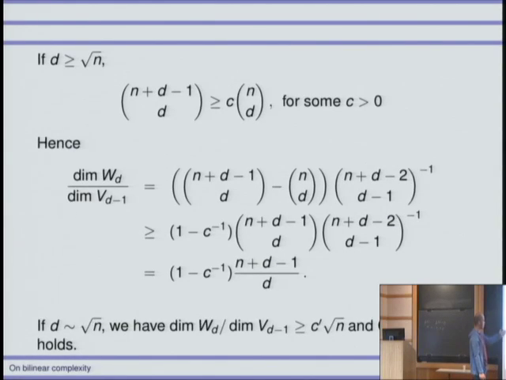Which means that if you choose d around square root of n, you will get n over square root of n, which is square root of n, which proves it. Yes, larger than 1, that's important.